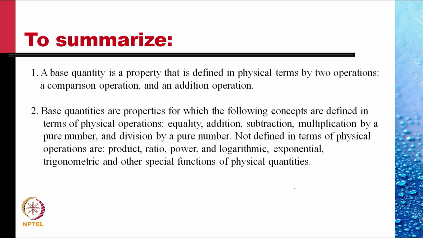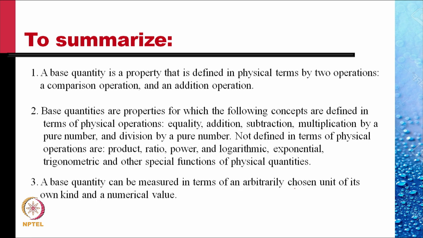Not defined in terms of physical operations are product, ratio, power, and logarithmic, exponential, trigonometric and other functions of physical quantity. Only things that are defined are equality, addition, subtraction, and multiplication and division by a pure number.